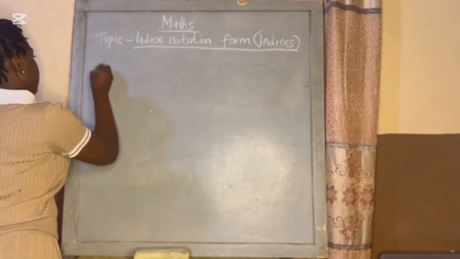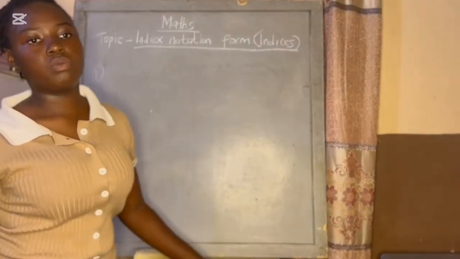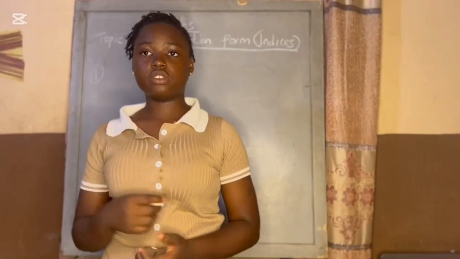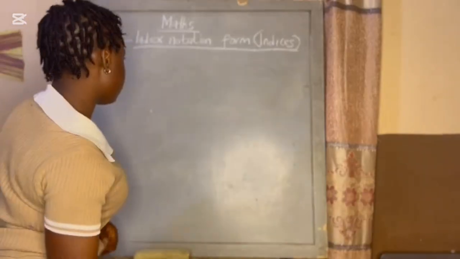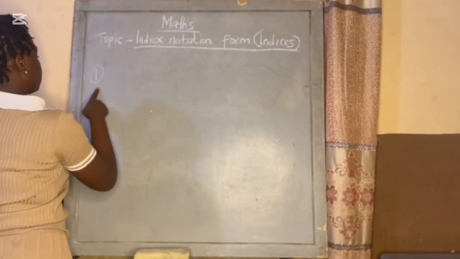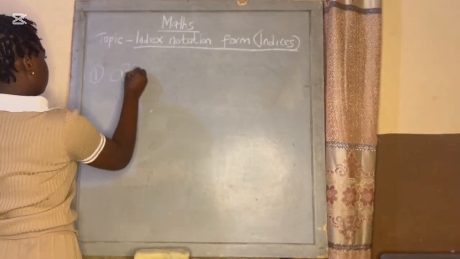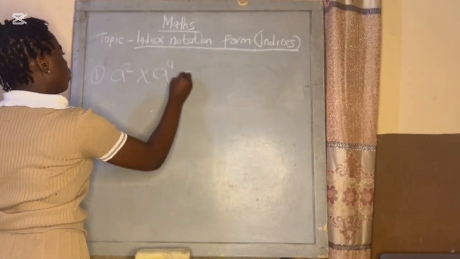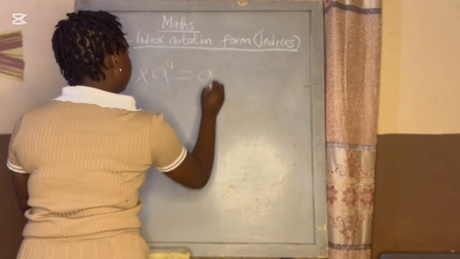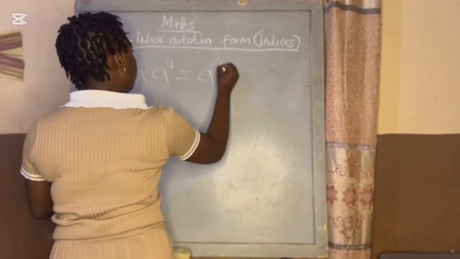So number 1, as I said, the multiplication law. This law says that provided that multiplication is involved and the two bases are the same, you simply add the exponents. For example, example 1, a raised to the power 2 times a raised to the power 4 equals a raised to the power 2 plus 4.